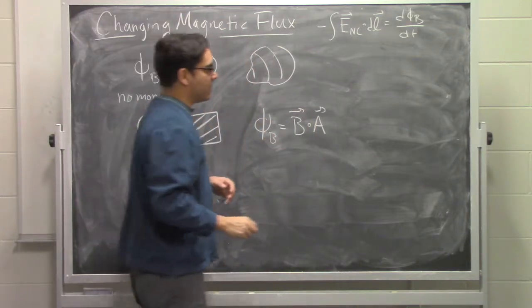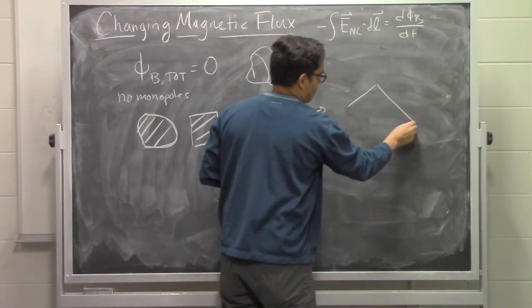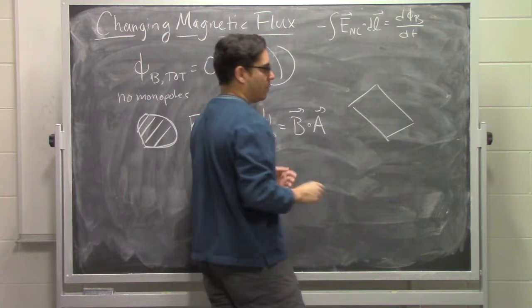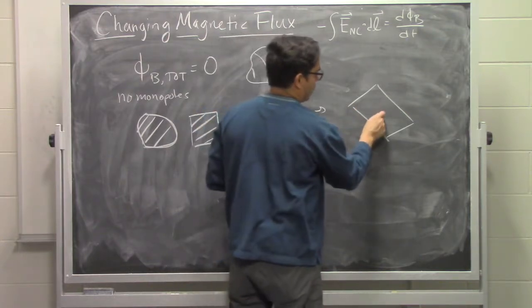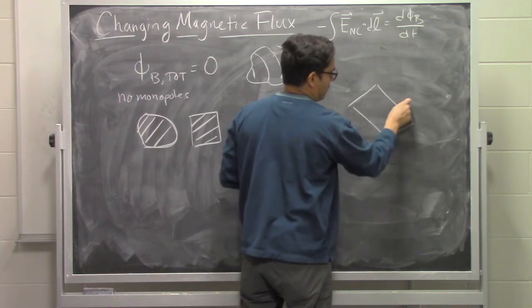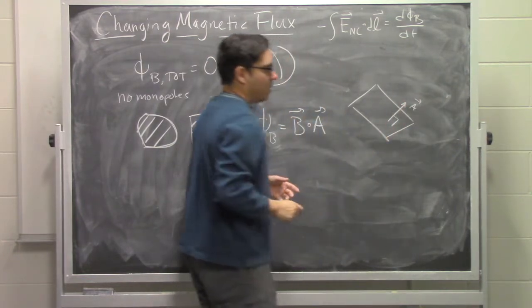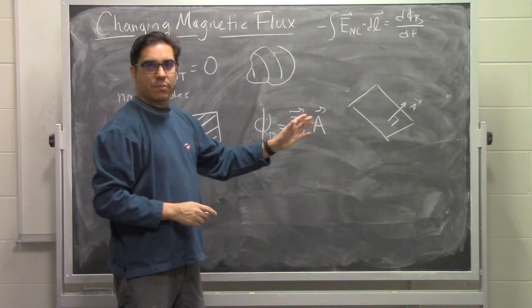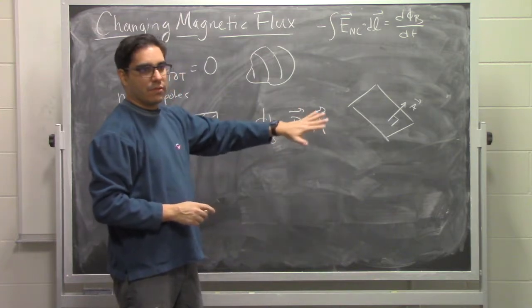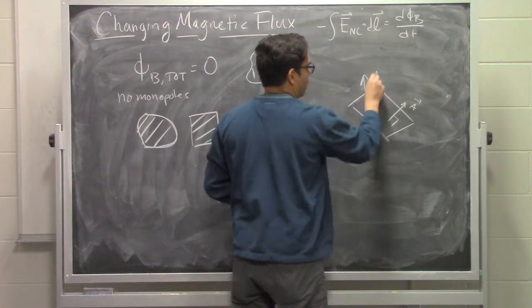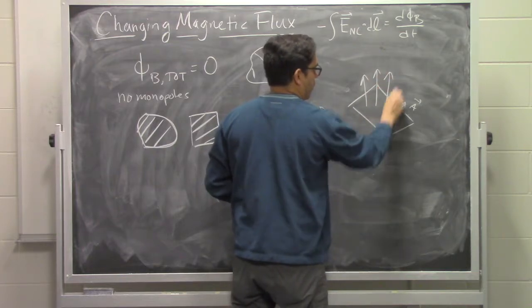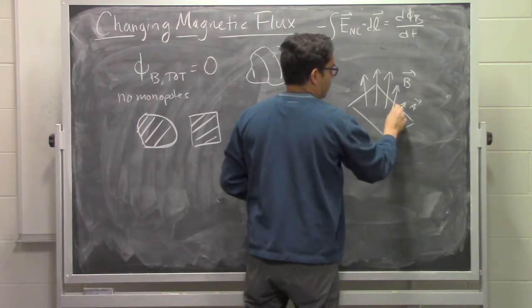The way to think about that is to take some plane, some space, which has some area vector like we had when we were talking about Gauss's law. It has some area vector that's perpendicular to the surface. In this case, we're being very simplified: we're talking about a flat surface where the area vector is the same everywhere. And you ask the question, how does the magnetic field point over that surface?